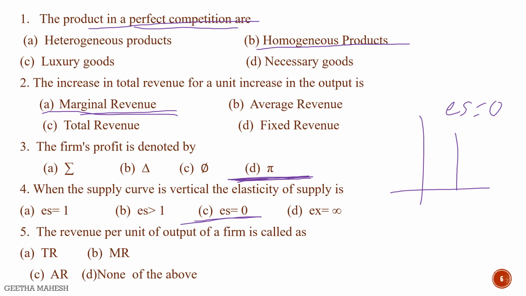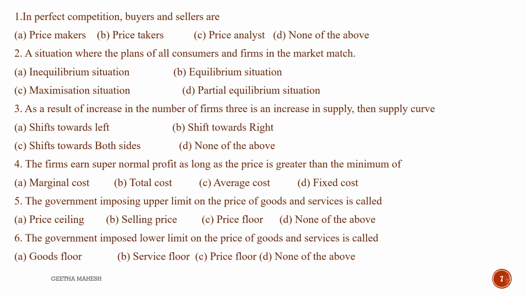The revenue per unit of output of a firm is called: TR, MR, AR, none of the above. So that is C, average revenue, that is revenue per unit of output of a firm is called average revenue.